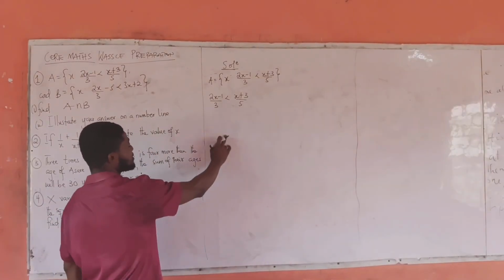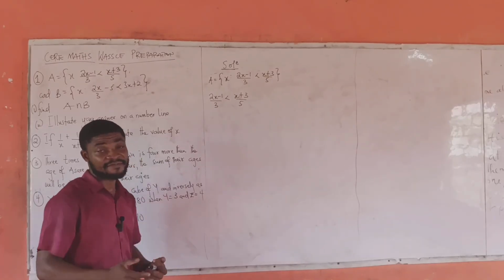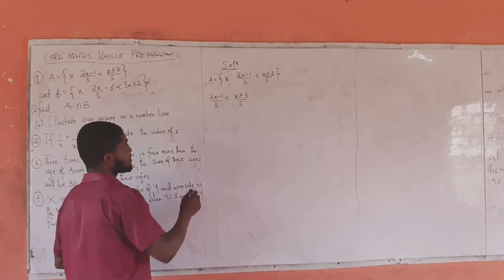Now the LCM here is 15, so I can multiply both sides by 15 so that I get everything cancelled.